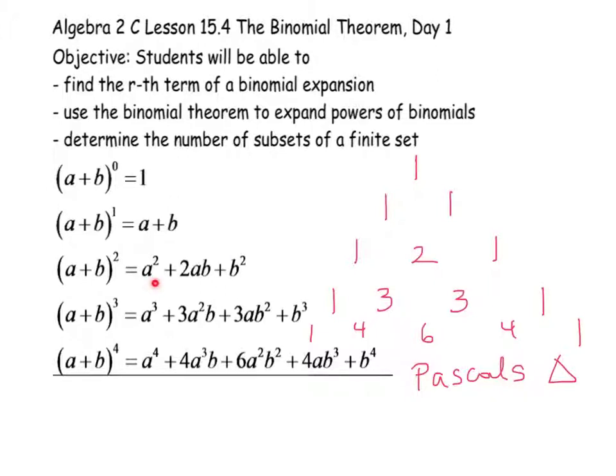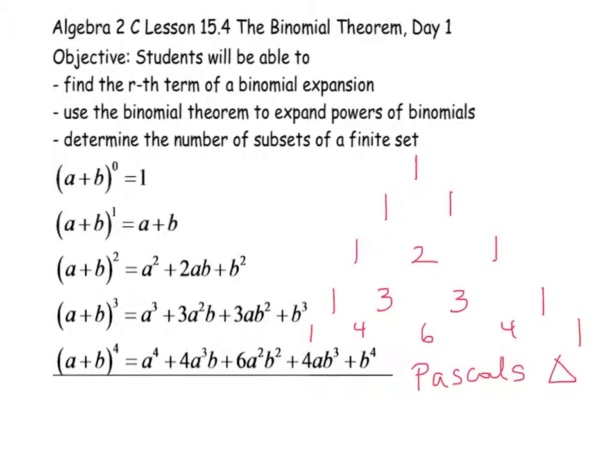In the first term I don't have a b, but b to the 0 power would give me 1, so this first term is really a squared b to the 0 power. Then I have 2 times a to the first b to the first, and then I have a to the 0 power times b to the second power.